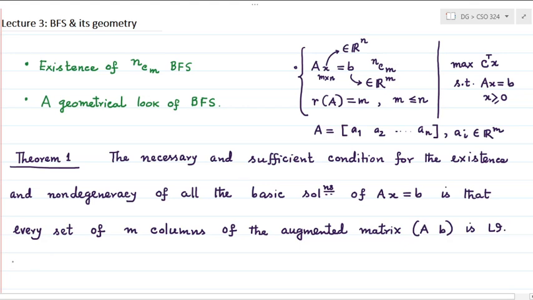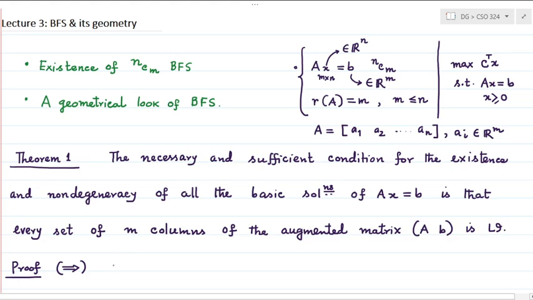Let us now try to prove this result. For the forward part, since it is an if and only if result, we assume that every basic solution of Ax equals b exists and is non-degenerate. Then we will prove that every set of m columns of the augmented matrix is linearly independent.